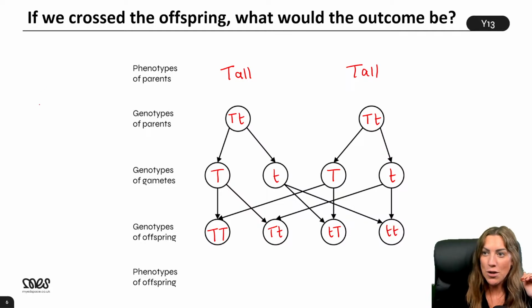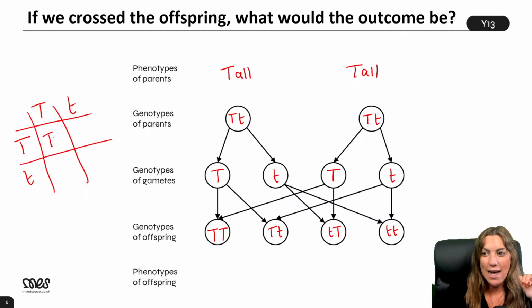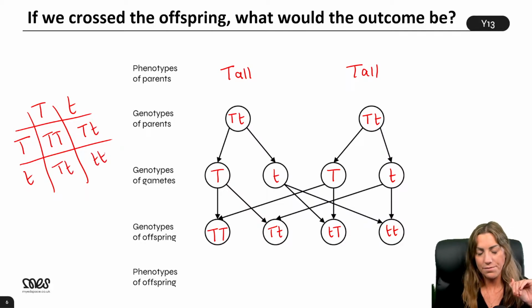But you can do it like this. You put one parent's gametes at the top, you put the other parent's gametes at the side, and then you show all the combinations that will result at fertilization.